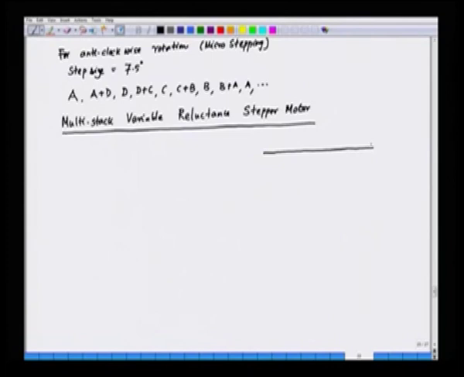So, we take a section and we will first draw the stator and say, for example, we have 3 stacks here. So, we have 3 stacks in the stator, 1, 2, 3. This is the 3 stack we have.